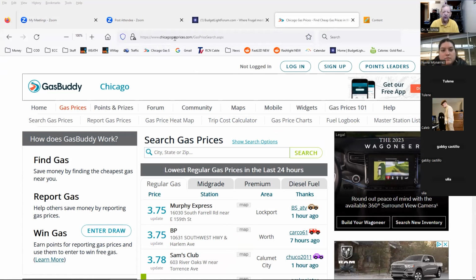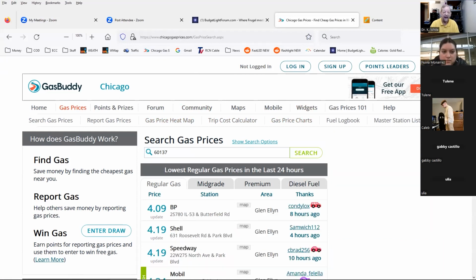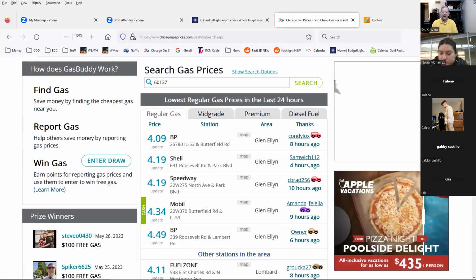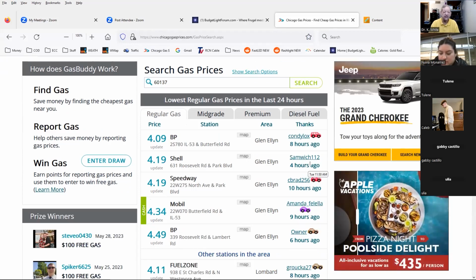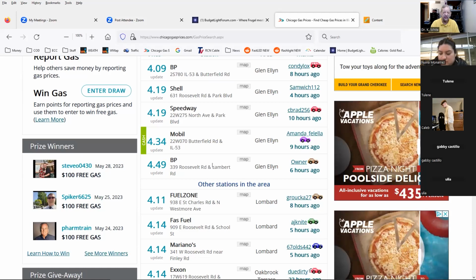Now, their URL is chicagogasprices.com. And I've been using this site for years. You put in a zip code, hit enter, and I put in the zip code for by Glen Ellyn. And you can see the different gas stations.